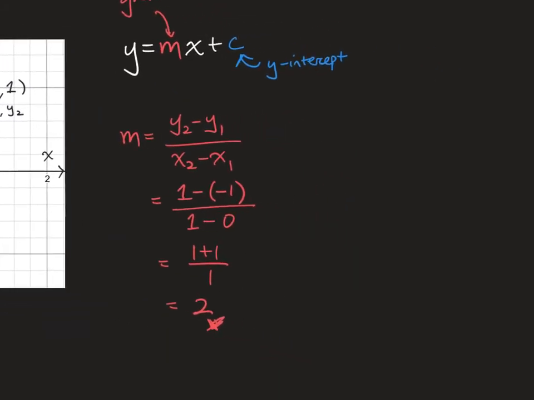Now that we found our gradient, we know that the equation of our line is y equals 2x plus c. But we're not done. We still have to find what c is. We still have to find what our y-intercept is.